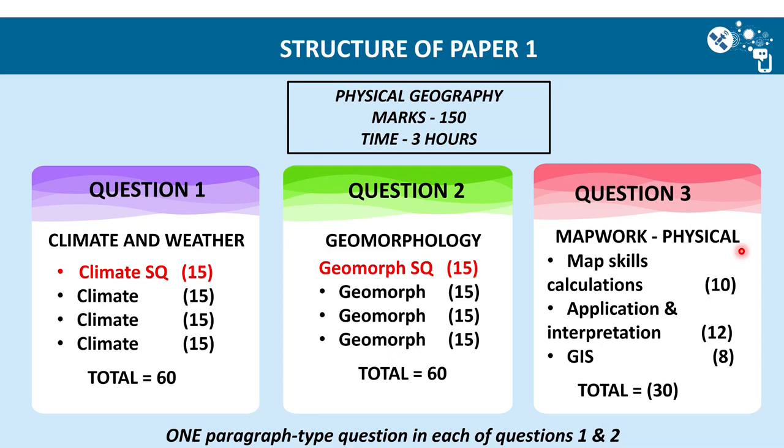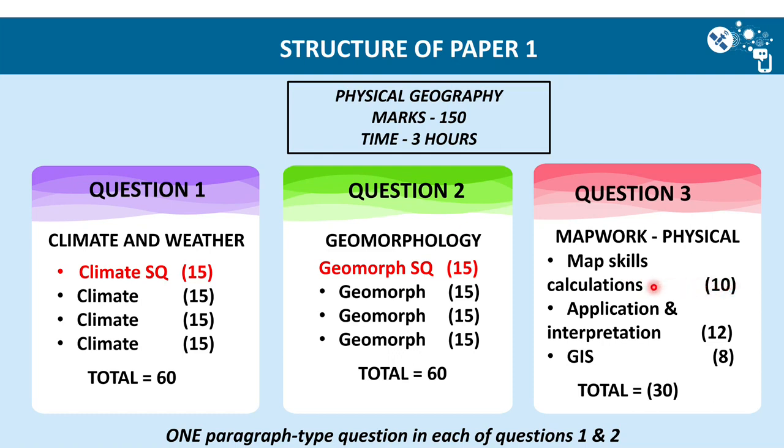The final 30 marks comes from the Mapwork question. And the Mapwork question in this paper covers physical, so you will get questions related to your climate and weather over here, and you will get questions related to your geomorphology over here in the Mapwork paper. And now you can notice that we have map skills and calculations worth 10 marks.